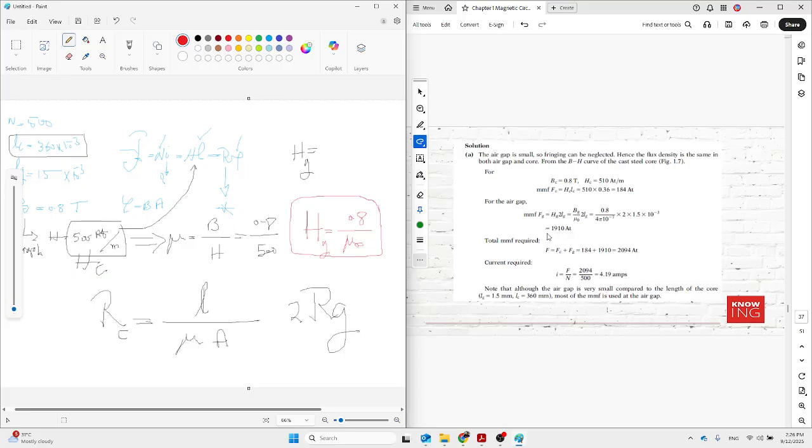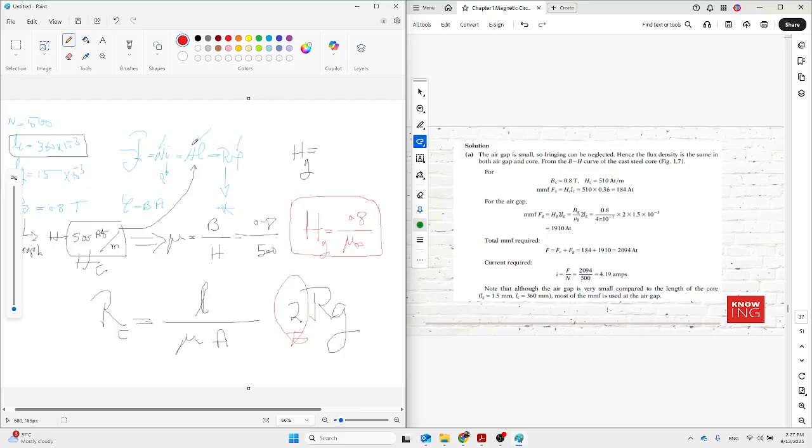Hg is here. Don't forget we have 2 air gaps, as I mentioned, so 2Hg. The whole calculation here is 0.8 over that one, the value is given, times Lg.